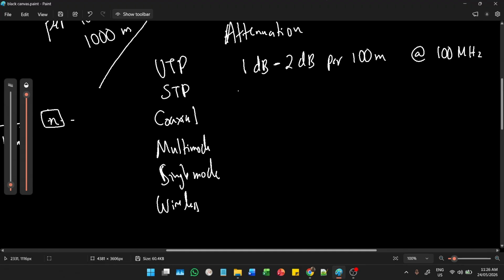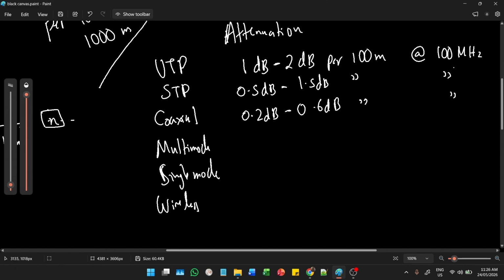STP loses about 0.5 to 1.5 decibels per 100 meters at 100 megahertz. Coaxial loses 0.2 to 0.6 decibels, also per 100 meters at 100 megahertz.